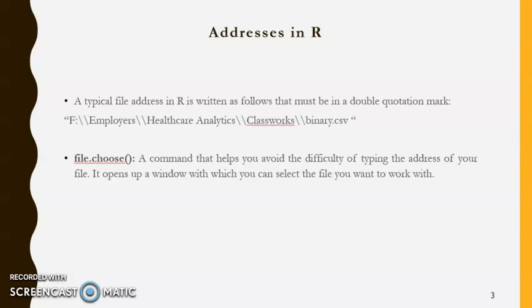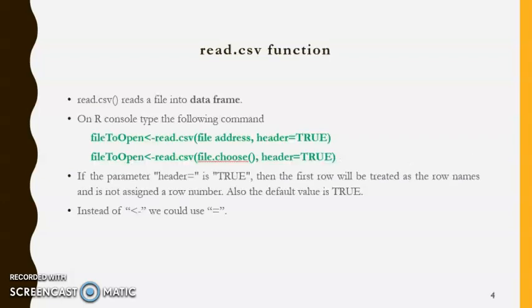Now that you know how to type and create addresses in R, it means that you can reach any file on your computer, on your system, and read it and manipulate it and do whatever you want with it.